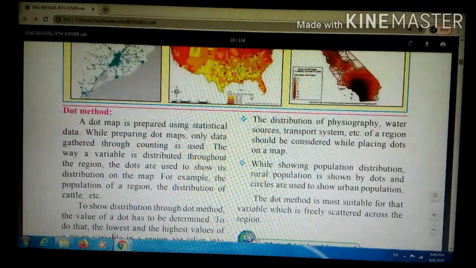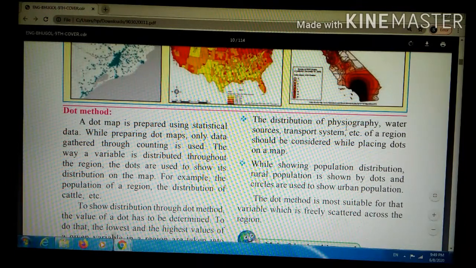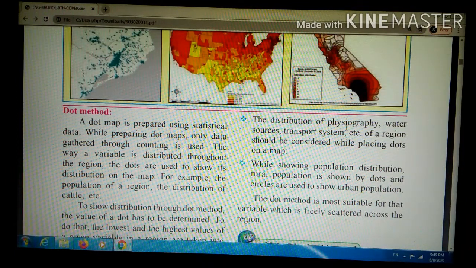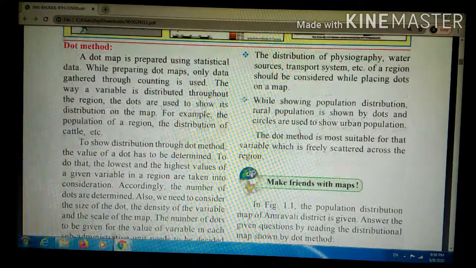Second one is the distribution of physical features, water sources, transport system, etc. of a region should be considered while placing dots on a map. Means first one is physiography, second one is water sources, third one is transport system; we have to take these into consideration.